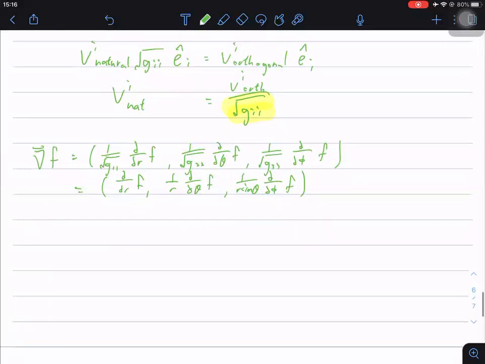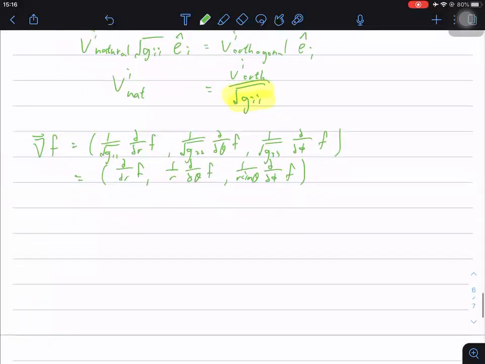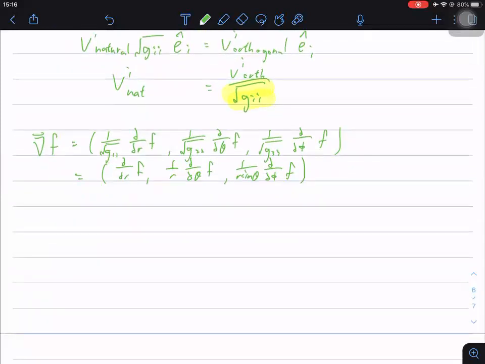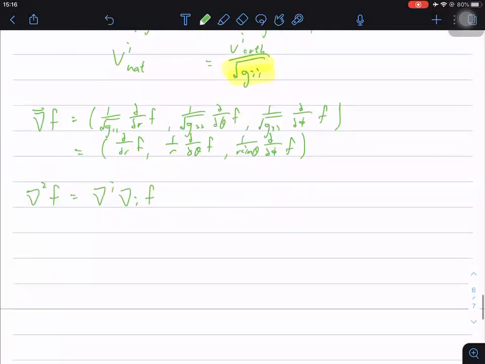Okay, so for this part, the Laplacian of f, in Einstein notation it is something like this: the covariant derivative of the covariant derivative of f, contracting these two components.